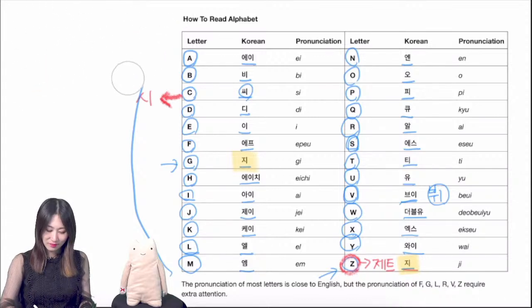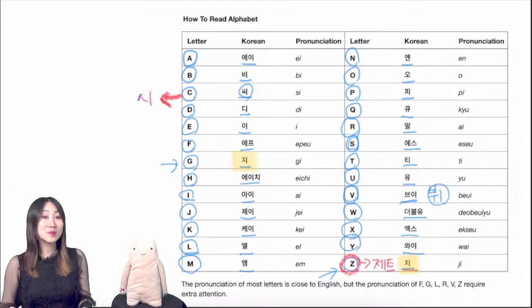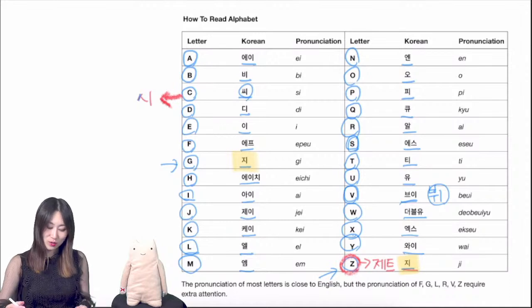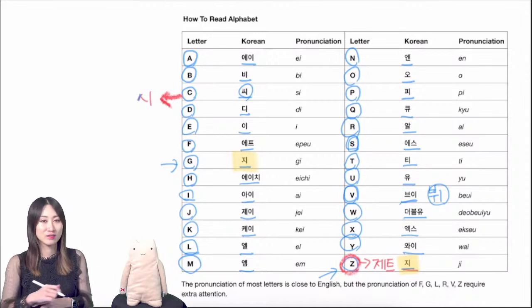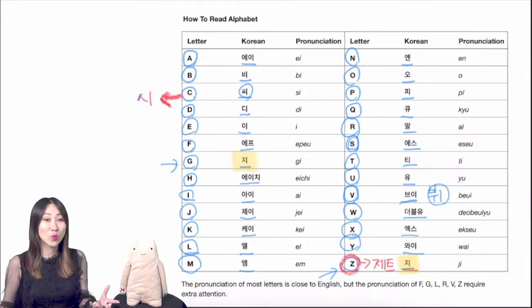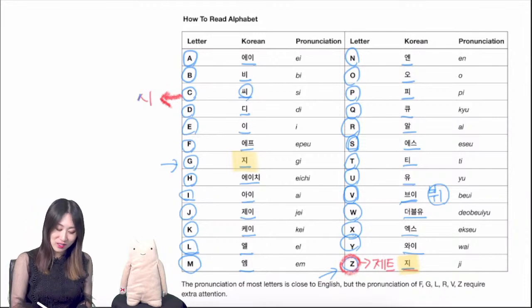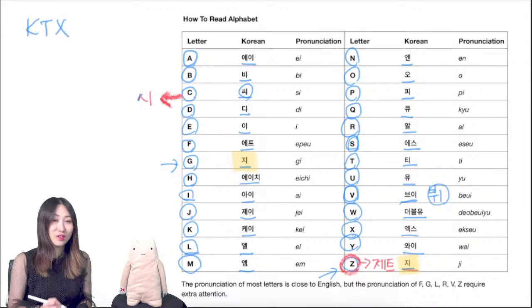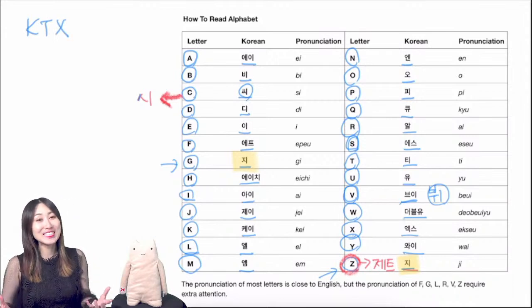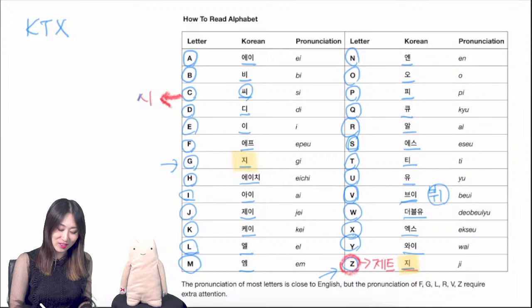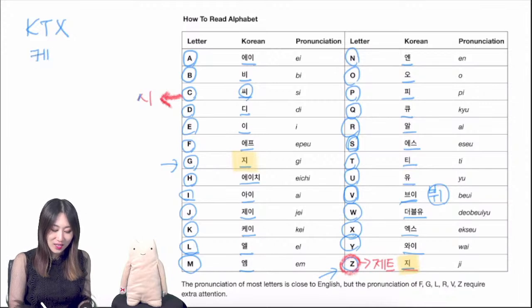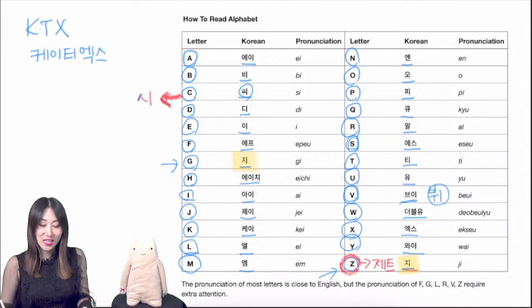Do you know the high-speed express railway in Korea? In Korea, we have a very fast train, a high-speed railway, and the name is this. And we read these alphabets in Korean pronunciation, as in KTX.